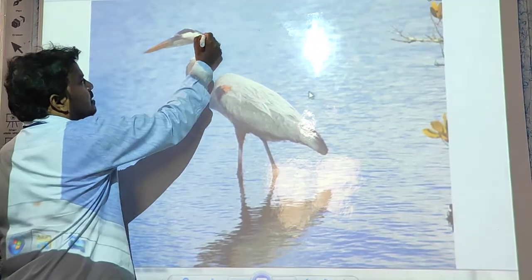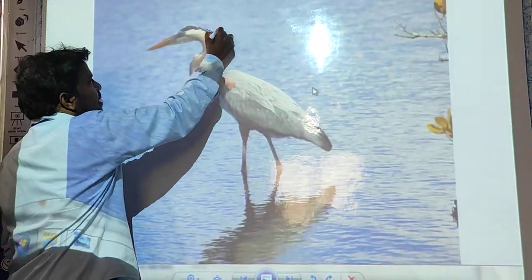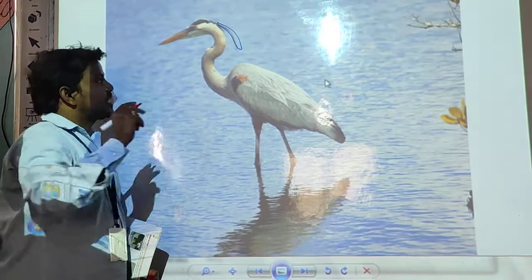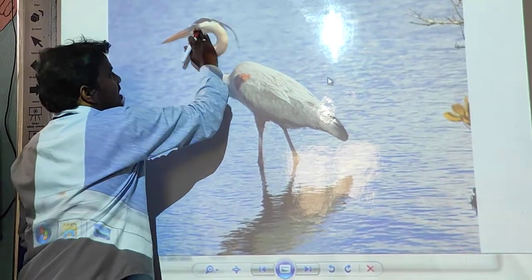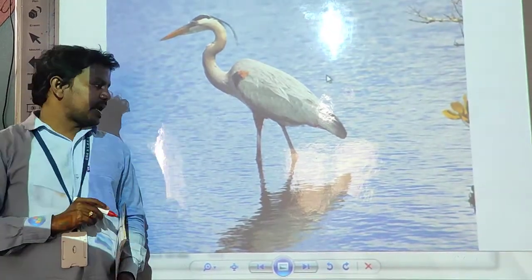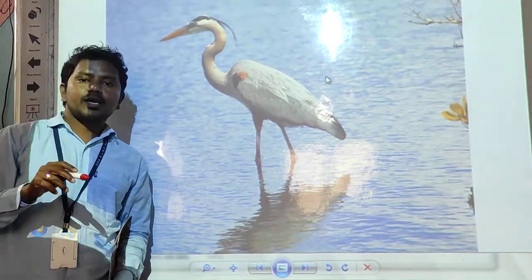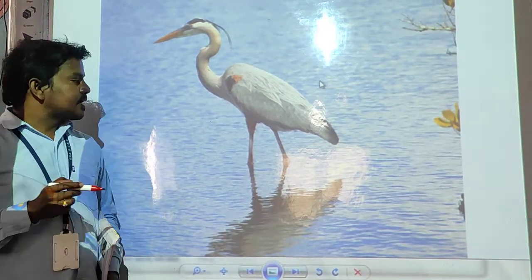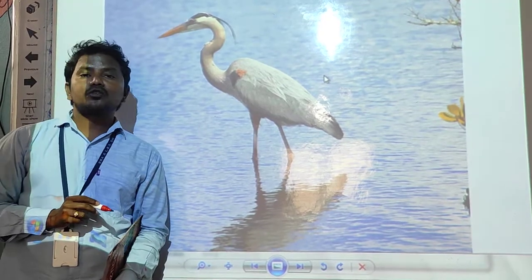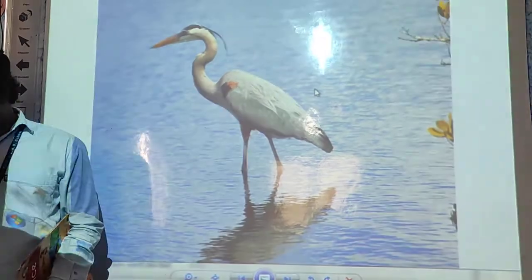See here, from head to ear some tail is there, like a plait, like choti. This is the difference between the heron and the cranes. So crane is an example of a wading bird, and herons are also an example of a wading bird.